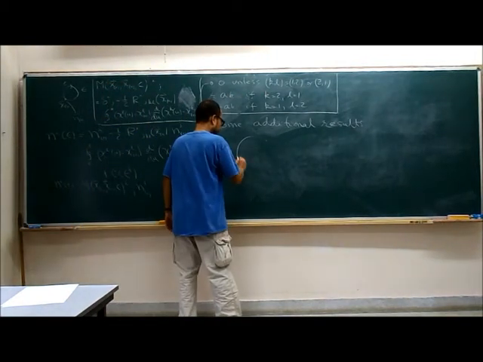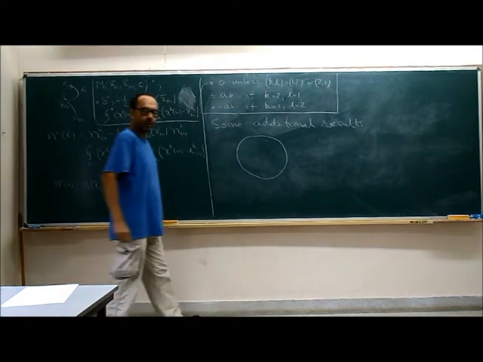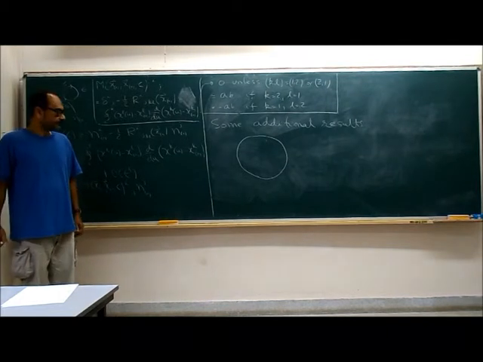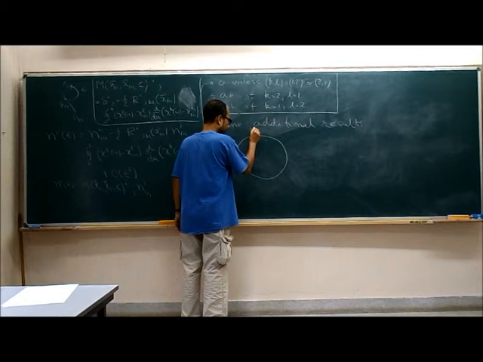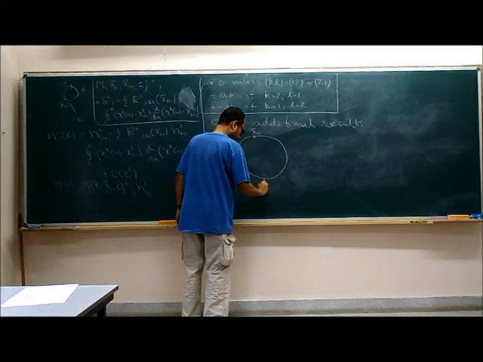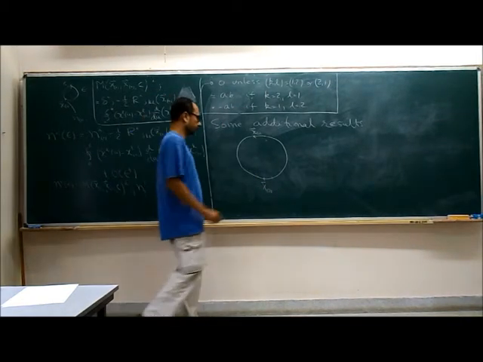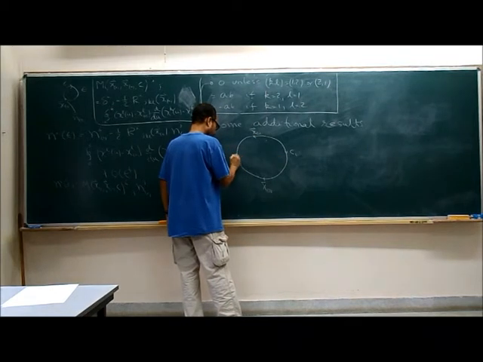So let's consider some closed curve, not necessarily small, and let's take two points, x1 and x2, on it. Let's call this segment C1, this segment C2.